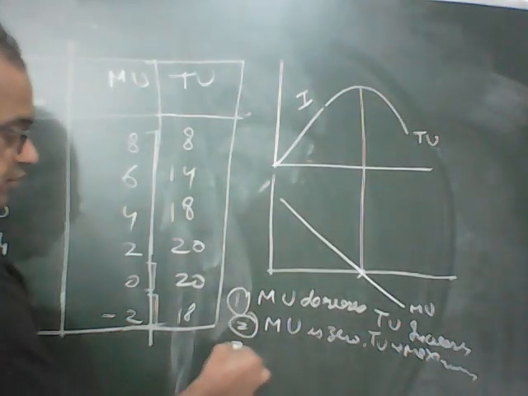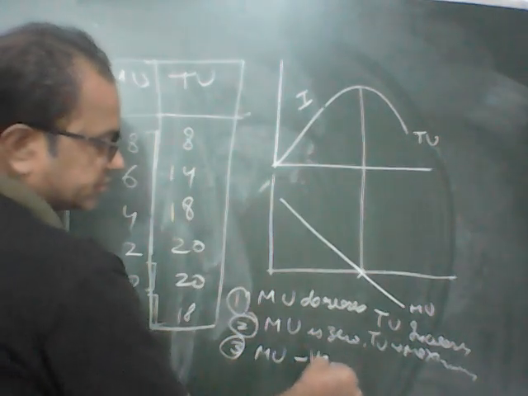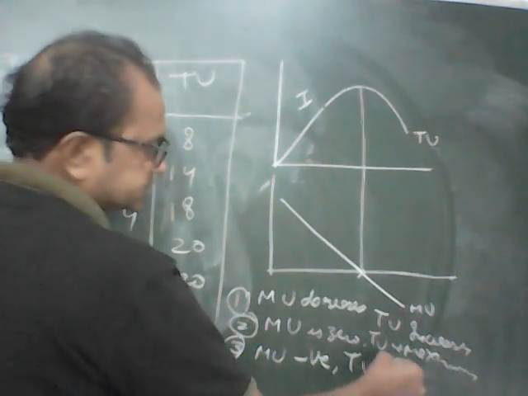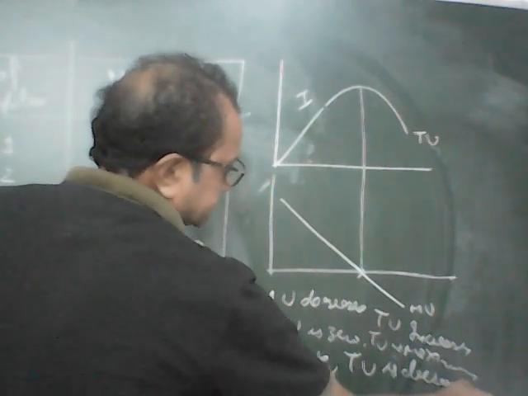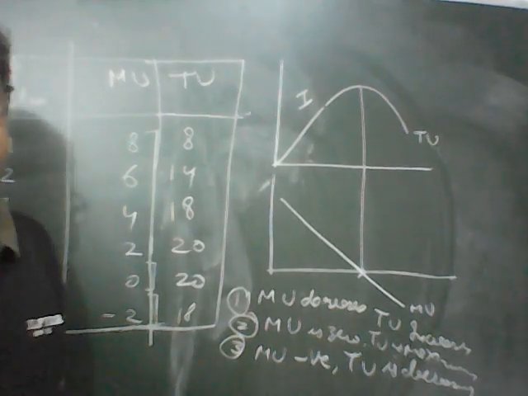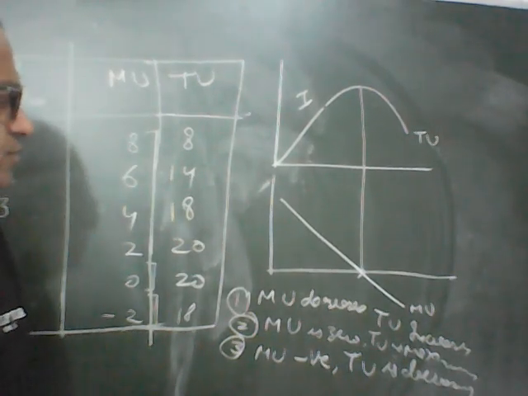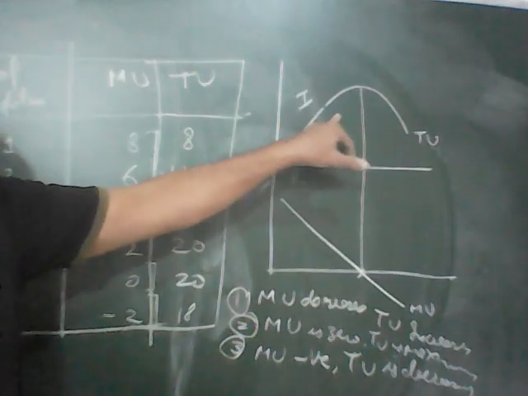Furthermore, when marginal utility is negative, total utility starts decreasing. So it shows that as marginal utility decreases, total utility increases.